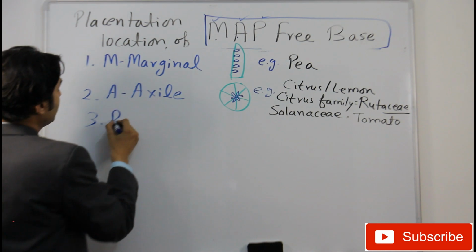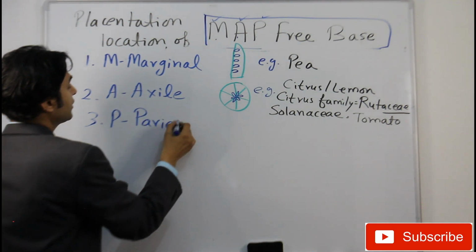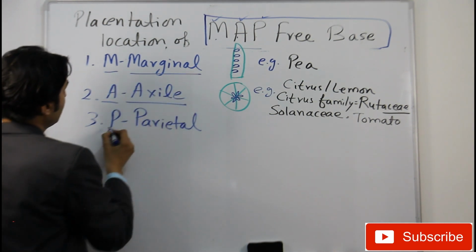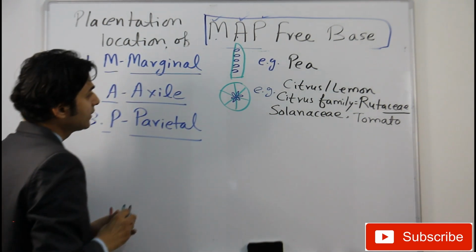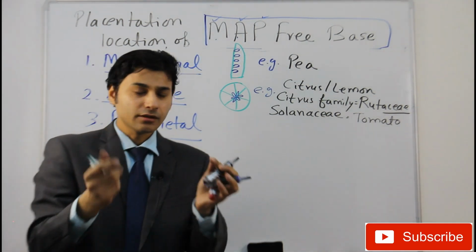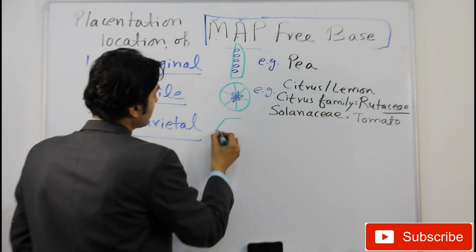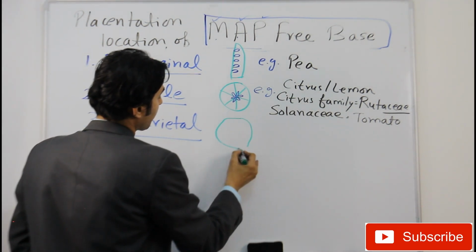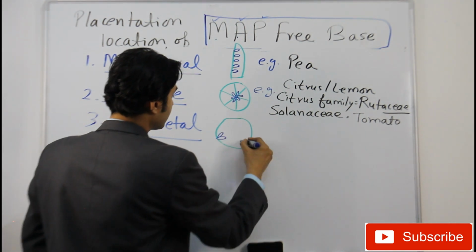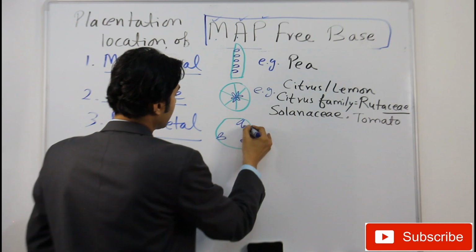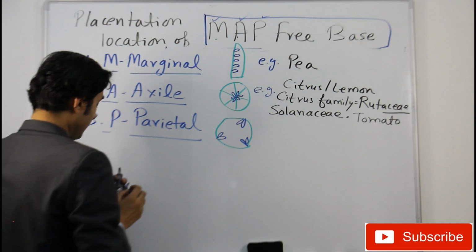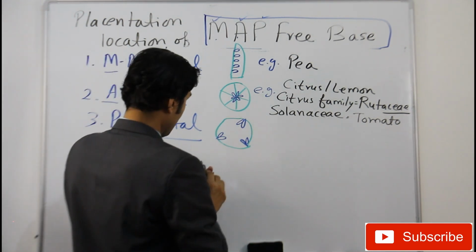Number 3 is P, means parietal, as the name itself tells you. M means marginal, A means axial, P means parietal. They are from the periphery. It's one carpel which looks like two or three sectors, something like this, and from the margins like this, they are attached.